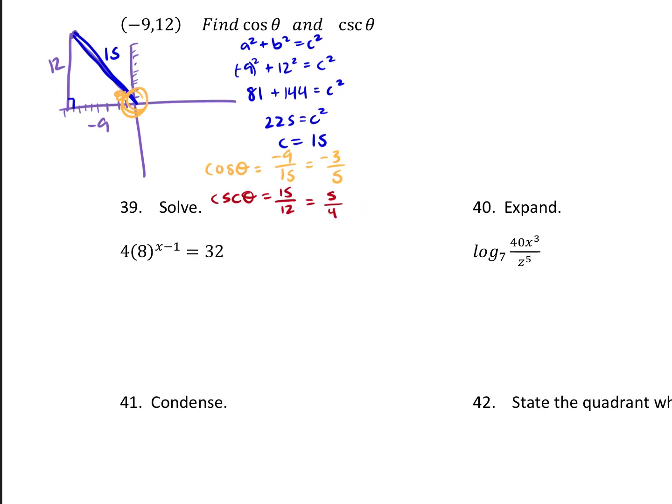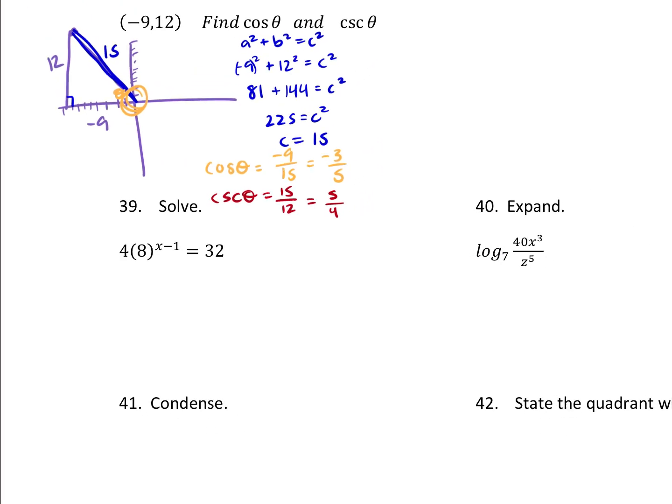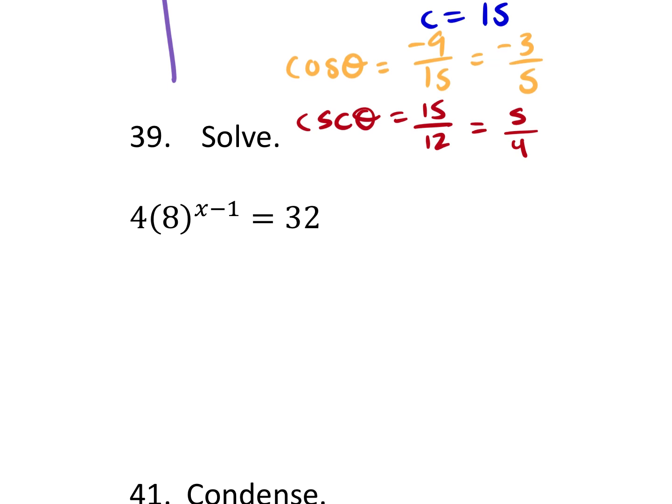For 39 and 40, we're back on our log functions. How would I solve 39? So what's the base here? 8. How can I move that 4 to the other side? Divide by 4. So I have 8 to the power of x minus 1 is equal to 8.